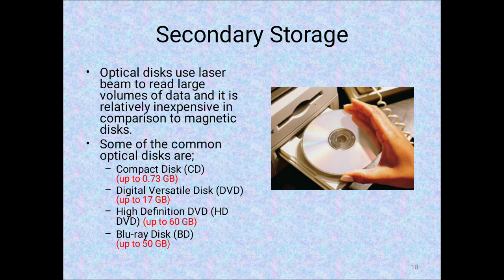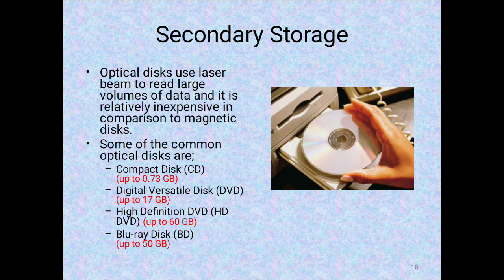Some of the common optical disks are the compact disk, CD, which can store data up to 700 MB or 800 MB. Digital versatile disk, DVD, can store up to 17 GB.